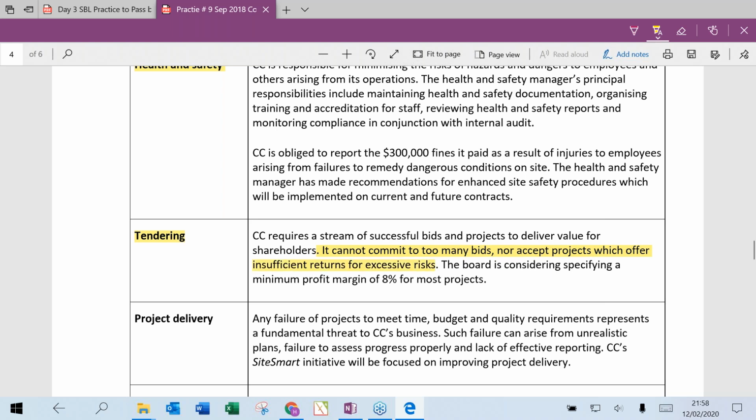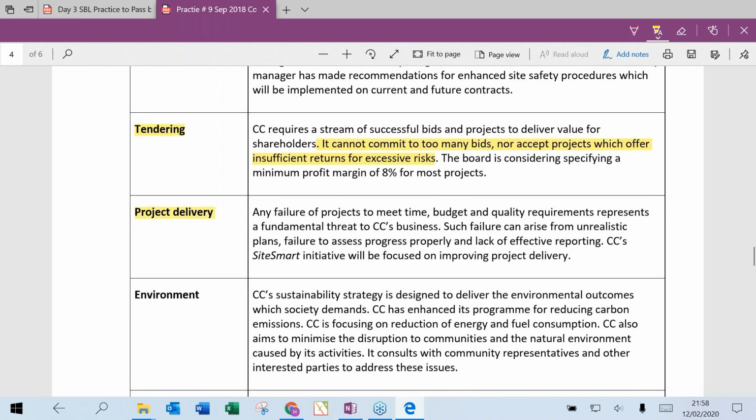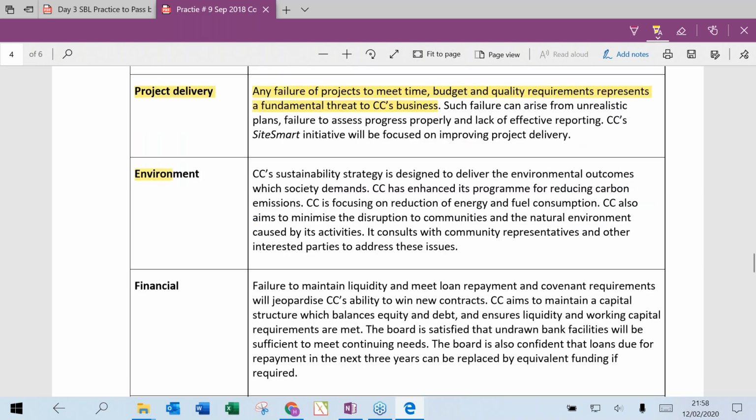Project delivery risk, which I think means failure of the project to meet time, budget, and quality, represents a fundamental threat. Project delivery risk is a big risk. We always deal with projects, and especially in Beetle, this is our largest project. Environmental risk, we'll probably talk about carbon emission. Since we are into construction, energy, fuel consumption, natural environment, all these are standard words for environment.